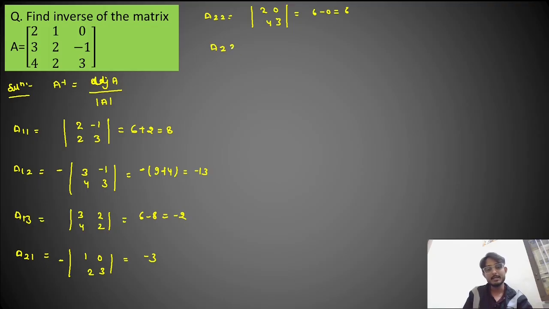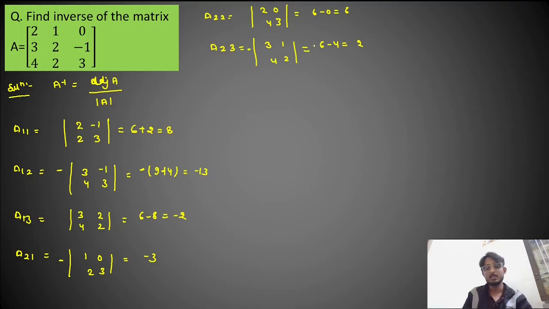A23: eliminating the second row and third column. When you eliminate the second row and third column, you will get, also here 3 plus 2 equal to 5, so the sign will be changed, minus. You will get 3 1 4 2. 3 2s are 6 and 4 1s are 4. 6 minus 4 equal to 2.